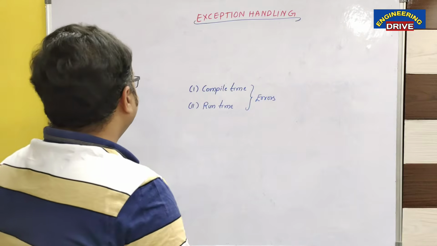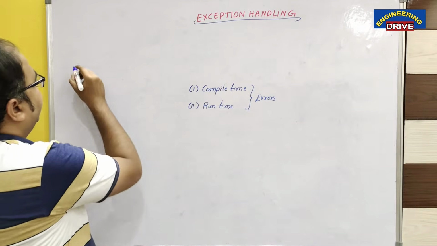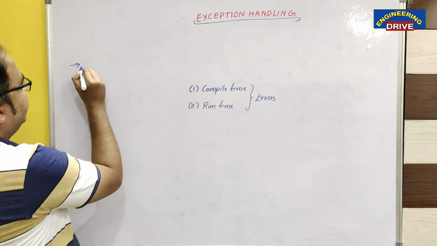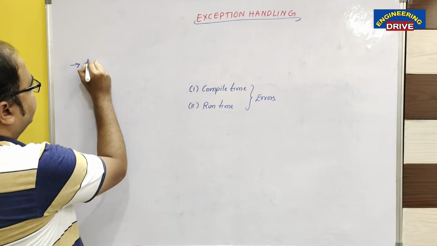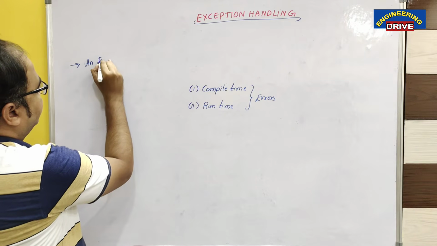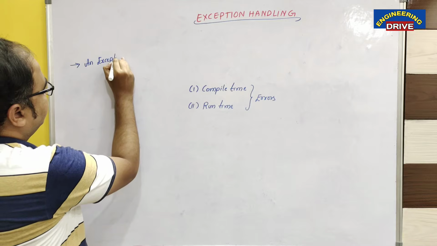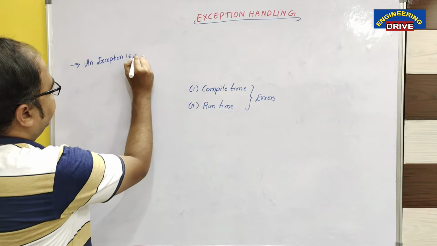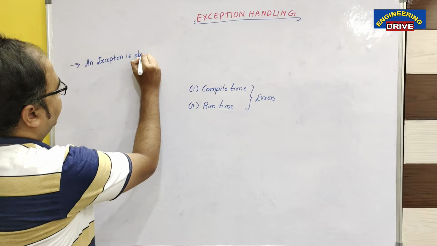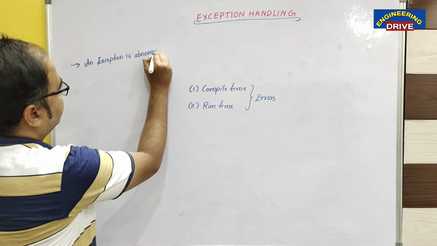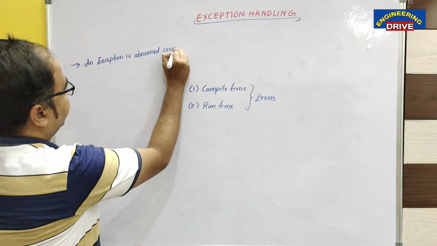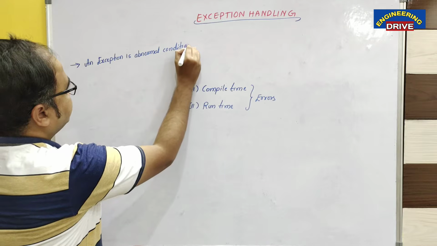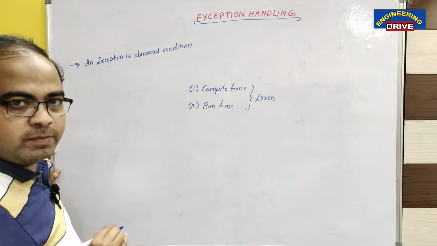So what is an exception first of all? An exception is an abnormal condition which arises during the execution of a program.